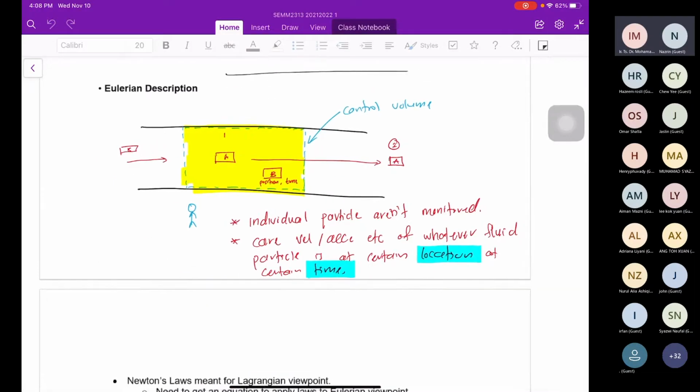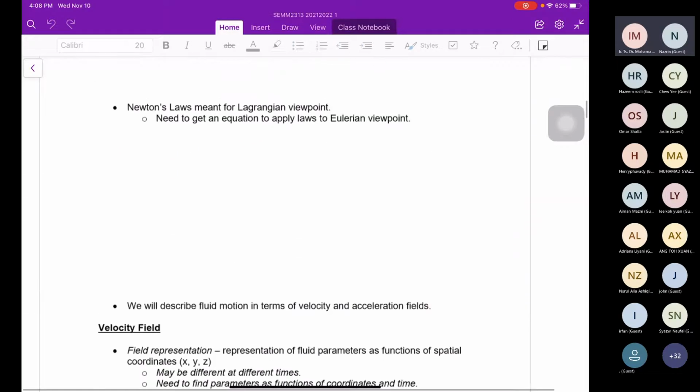However, the Eulerian approach is quite different. It focuses on one region, and you monitor the flow inside the region as a function of location and time. So Newton's laws mean the Lagrangian viewpoint.